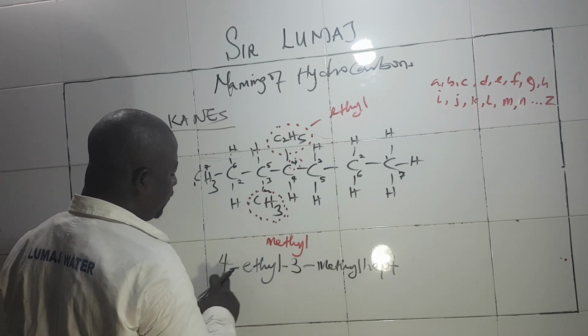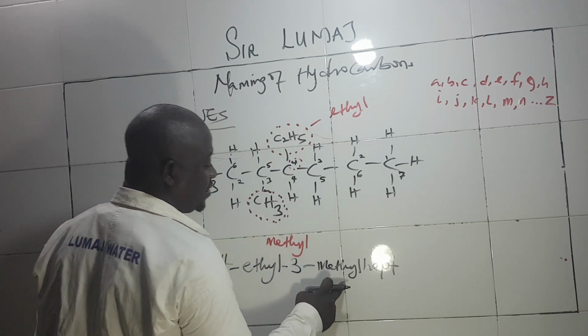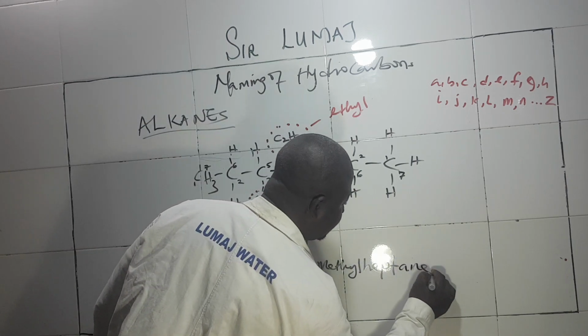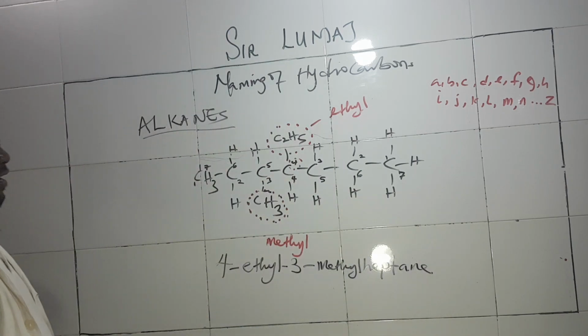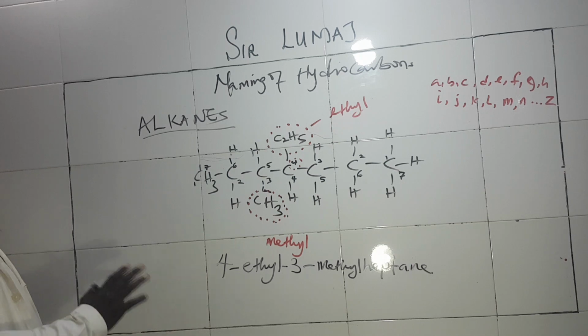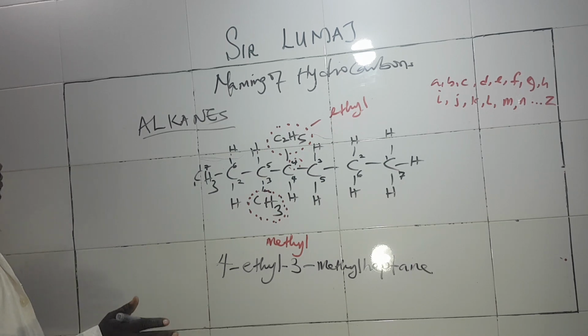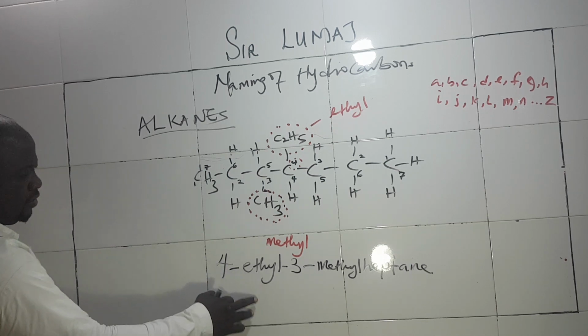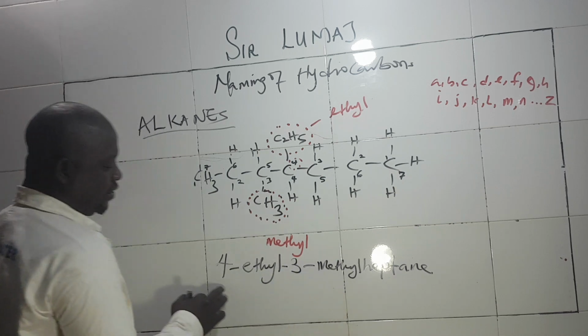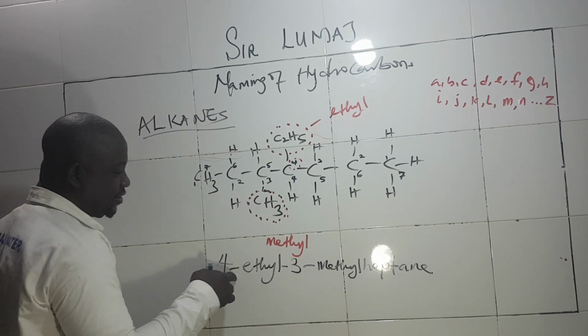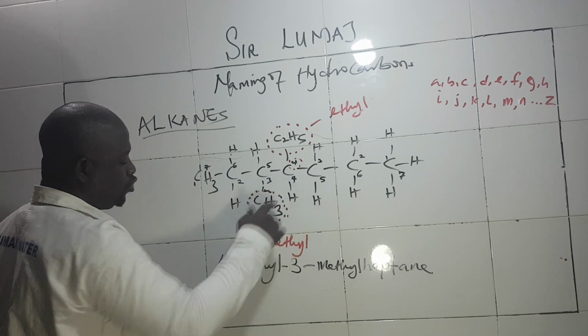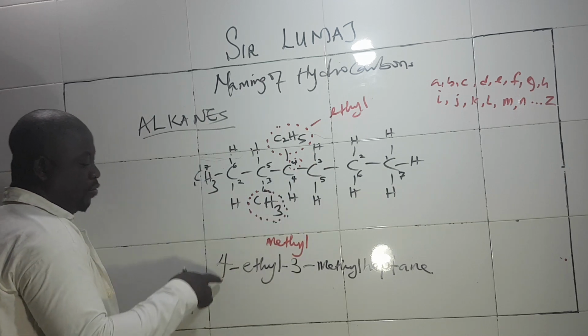So it will be 4-ethyl, 3-methylheptane. Heptane. Can you see the way we named it? Very simple. You don't need to disturb yourself. You can see the way I've written it, 4 dash ethyl, showing that ethyl is on carbon number 4.